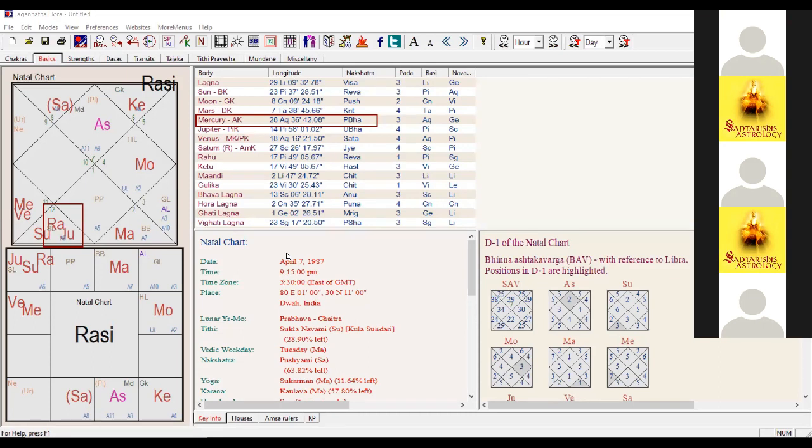Yes, Nivedita ji. Sir, in D9 also we will see that Jupiter is in the 12th house. In D9, Jupiter will fall in the Scorpio sign.